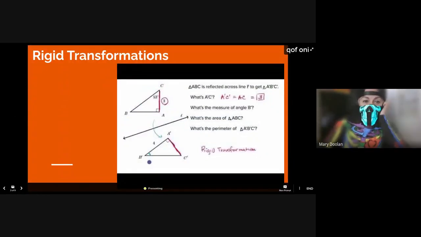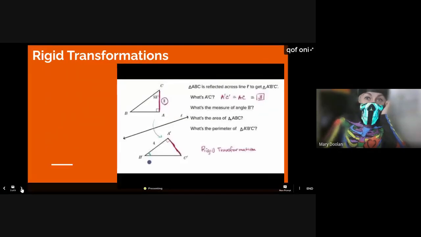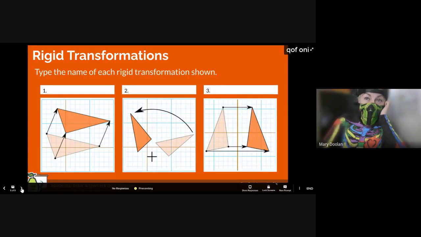I'm going to give you some time to work on these slides. You have a video. You have a problem that will be easily answered after you watch the video. Interactive slide. You can probably do this right away. Name the type of each rigid transformation shown. You have 3 pictures of a pre-image going to an image.